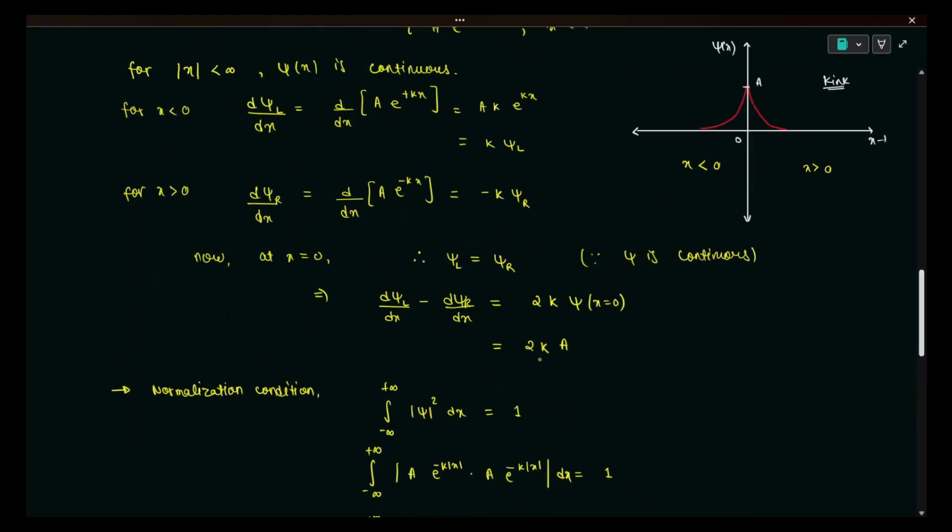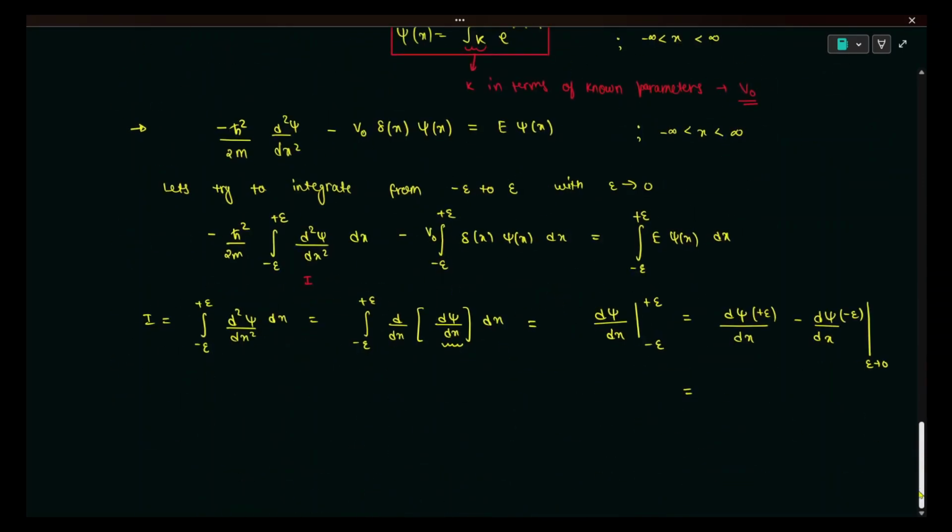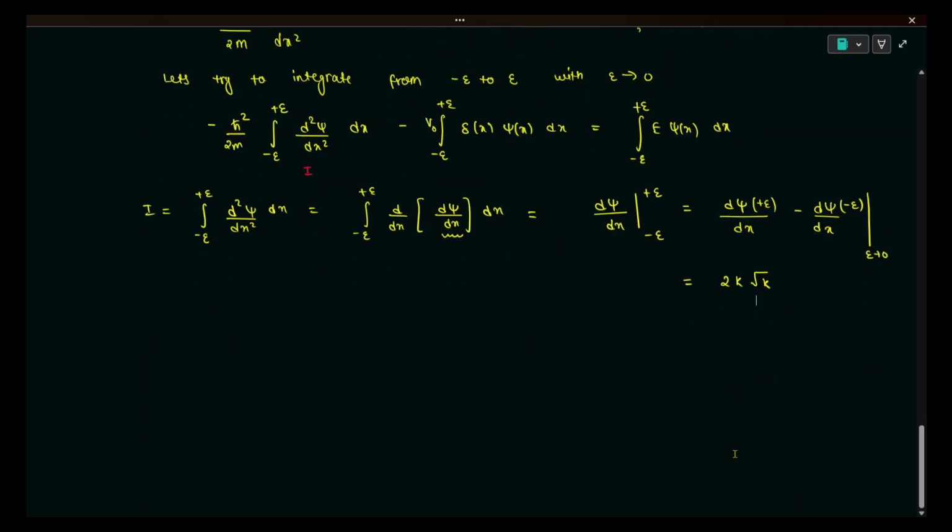So this discontinuous jump is nothing but minus 2k times a, where a is the normalization constant, so this will be minus 2k a, and a is nothing but under root of k. So this is the first integral. Now let's try to calculate the second integral. The second integral is from minus epsilon to plus epsilon delta of x psi of x dx.